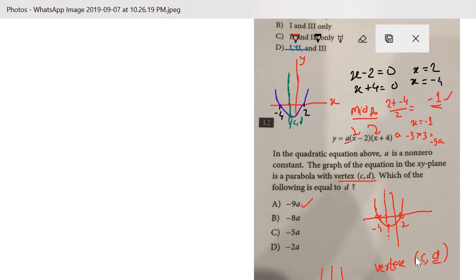Now when I know that x is minus 1 and I want to find the value of y, I can just use this equation itself. So I put minus 1 in this equation and I get the answer. This becomes minus 3, this becomes 3, minus 3 times 3 gives me minus 9, so the answer becomes minus 9a.